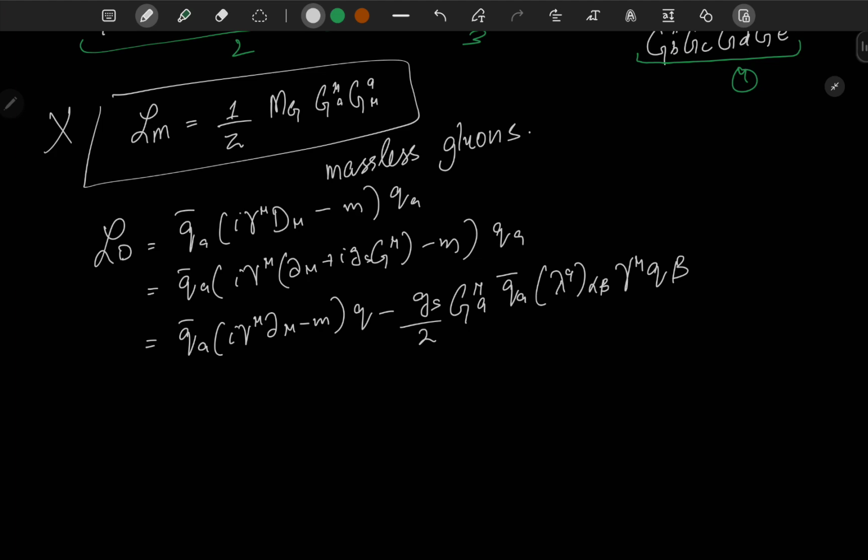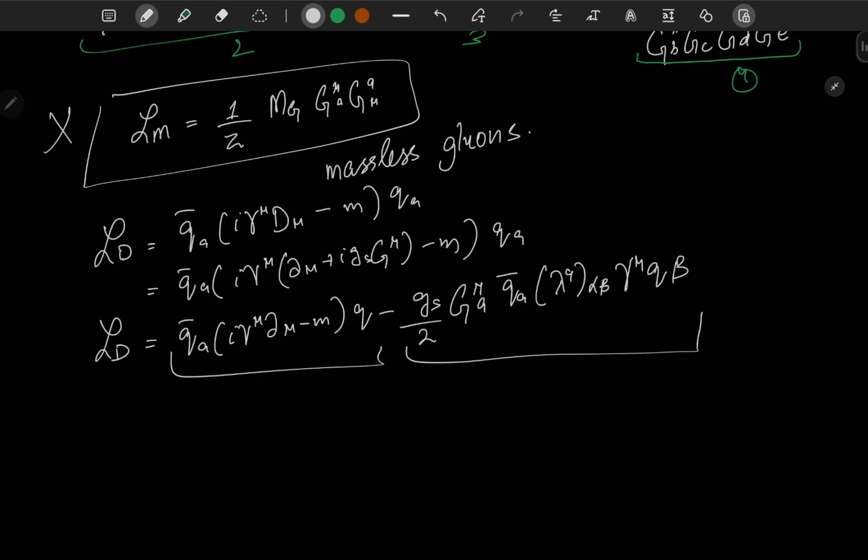So this was the starting point, and we get self-interaction terms. This is the Dirac free Lagrangian.